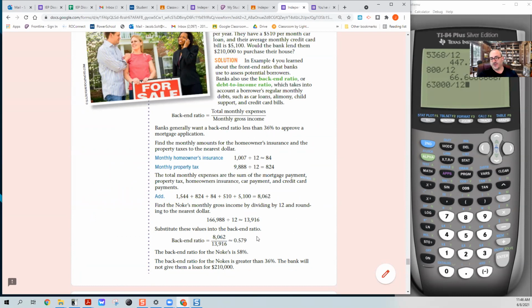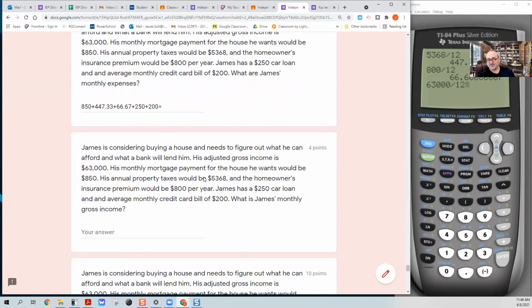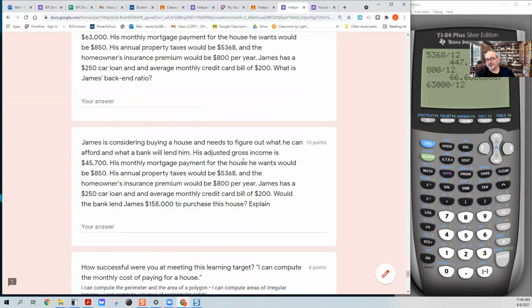So if you get 0.36 or less, James is in the clear. He does not have too much debt to purchase this home. If you see 0.37 or greater, that's not good. The bank's going to say, James, you've got too many monthly expenses. Your back-end ratio is no good. We can't loan you this money. That's how you'll answer that question.